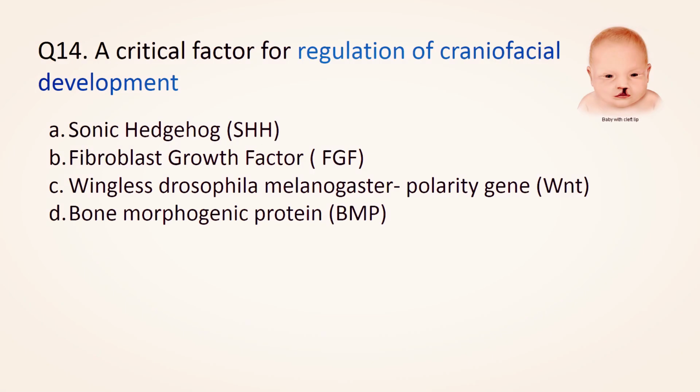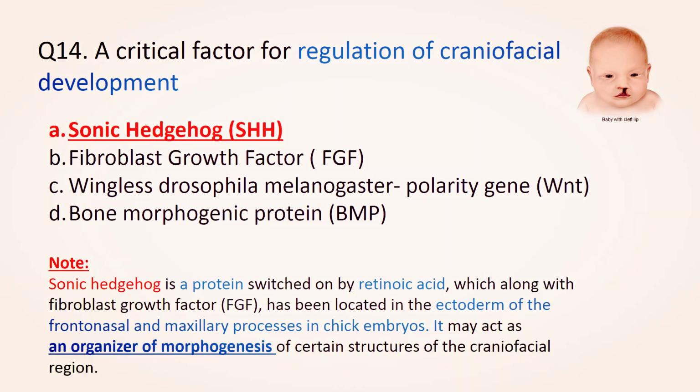Question number 14. A critical factor in the regulation of craniofacial development. A. Sonic hedgehog, B. Fibroblast growth factor, C. Wingless Drosophila melanogaster segment polarity gene, D. Bone morphogenic protein. The correct answer is A. Sonic hedgehog protein.